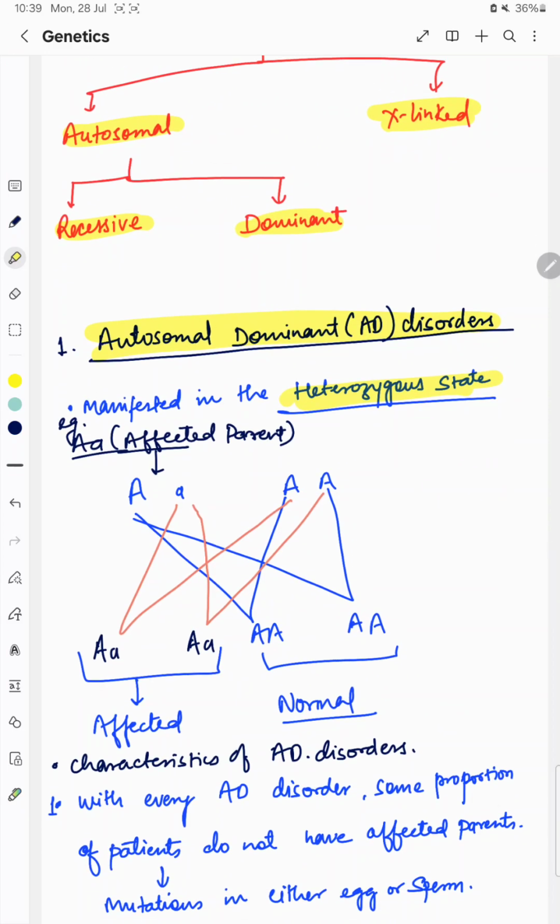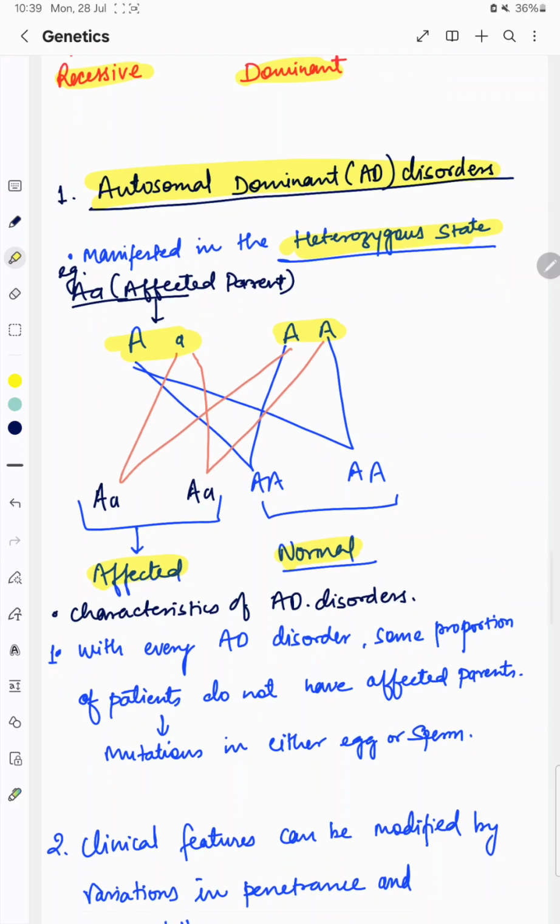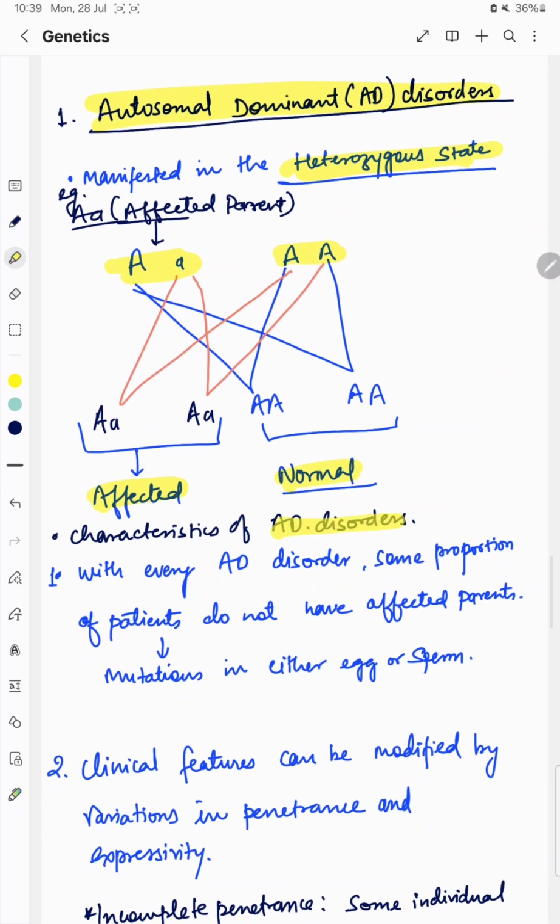The capital A represents a normal allele and a small a represents an affected allele. So this is the pedigree chart in which one parent is in a heterozygous state and the other parent is absolutely normal, and this will result in 50% affected offspring and 50% normal. A characteristic of autosomal dominant disorders: with every autosomal dominant disorder, some proportion of patients do not have affected parents.